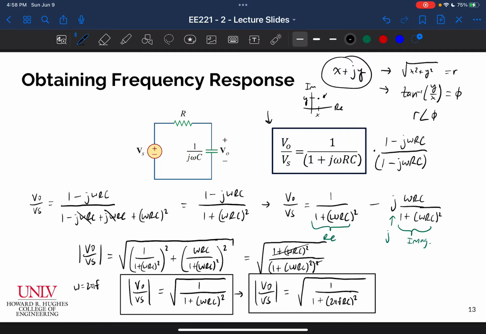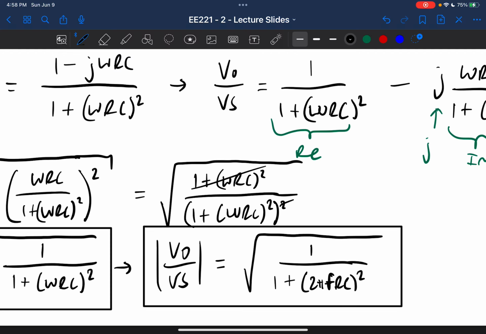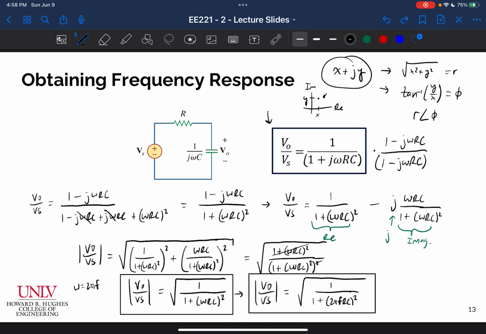So if I plug in a frequency value here for a given RC, I'm going to get some magnitude out. If I plug in a different frequency, I'm going to get a different magnitude out. And so that is what we were after: a function that tells us the magnitude of our transfer function for any given frequency we could be interested in, okay?